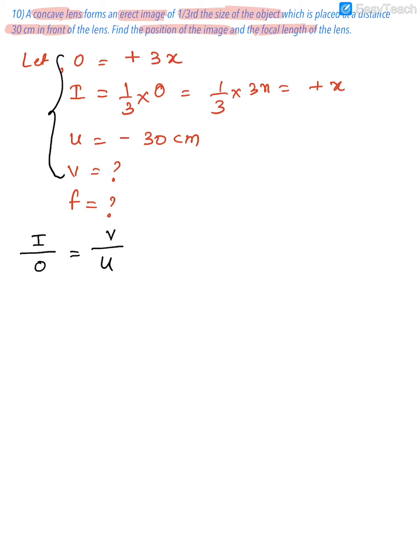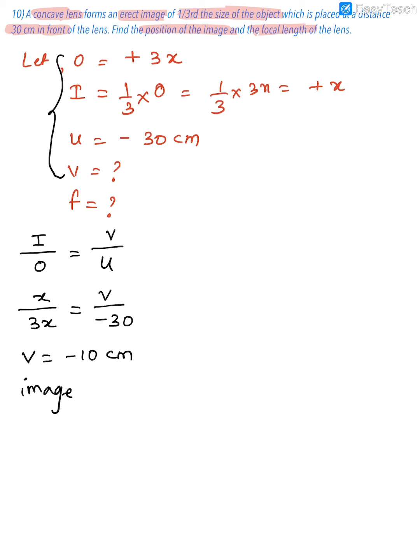I is x, O is 3x, V we do not know, and U is minus 30. So what is V equal to? Minus 10 centimeter. What does it mean? That image is formed 10 centimeter in front of the lens. So guys, we'll have to write the statement over here.